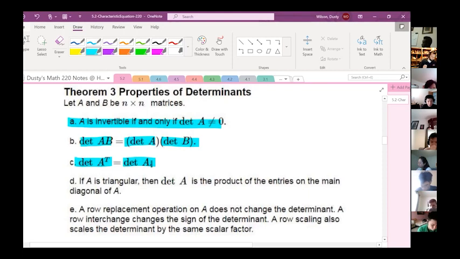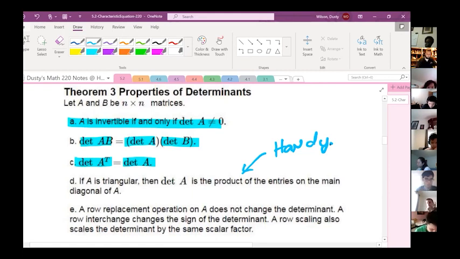In D, if A is triangular, then the determinant of A is the product of the entries on the main diagonal. This is really handy. So pro tip, if you're ever in a test situation and you're given a triangular matrix, that's your teacher trying to say, here's the eigenvalues, here's the determinant.